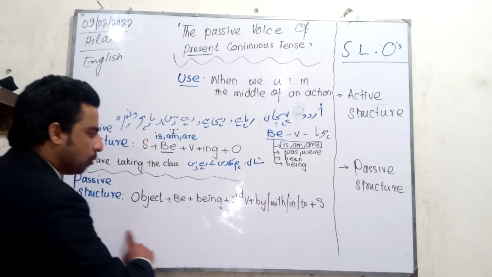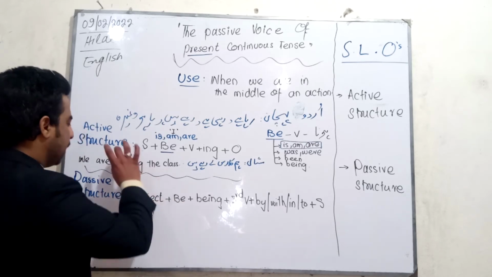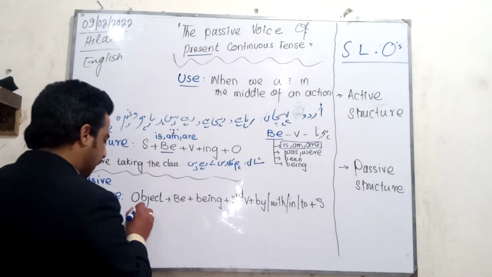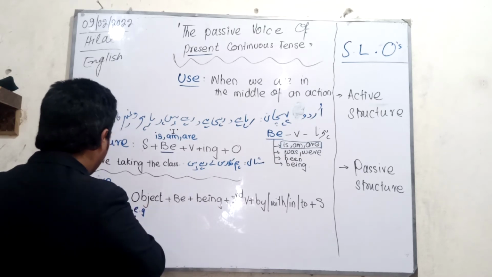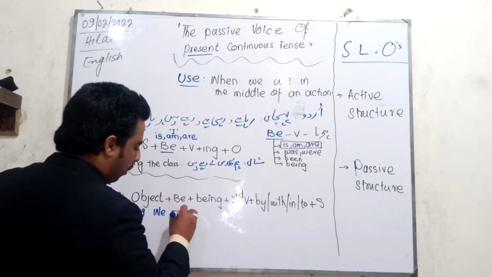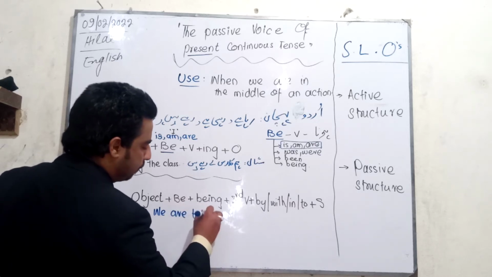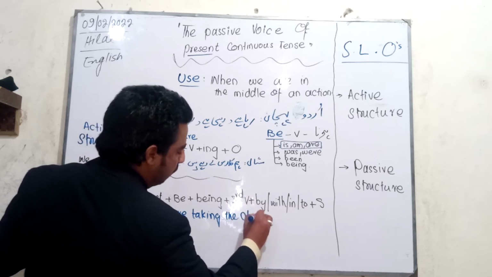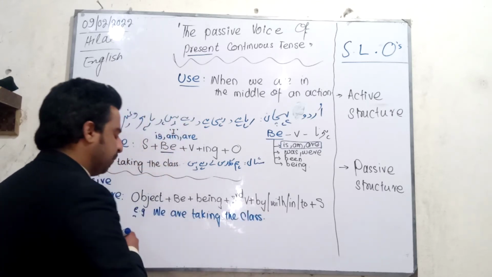Now according to this very structure I would like to change this very sentence. Like what is the active sentence? The active sentence is: we are taking the class. So let's figure it out.